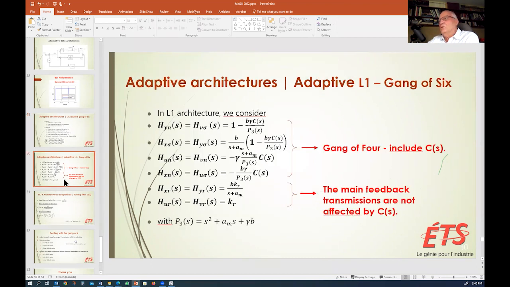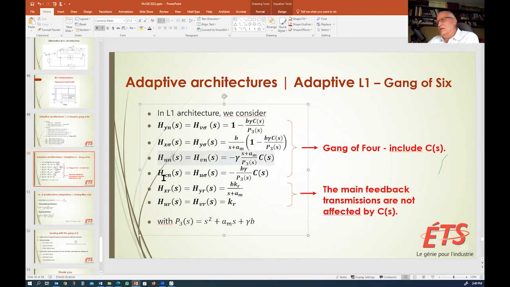I use Mason's formula to get the transmissions, and this is what I'm getting. I'm getting here the transmission output to external noise, output to input noise, here input of the plant to external noise, and so on.